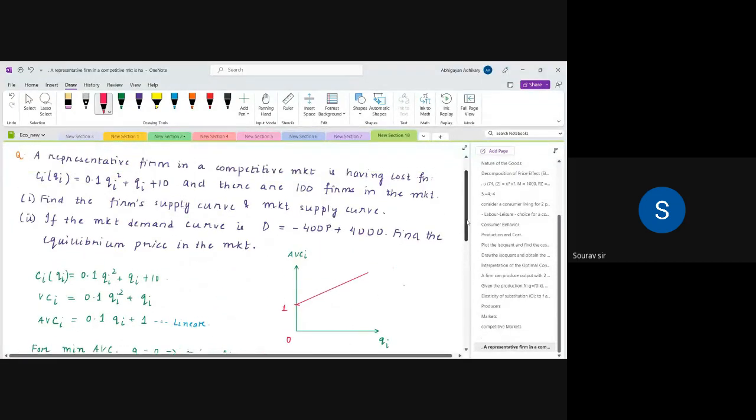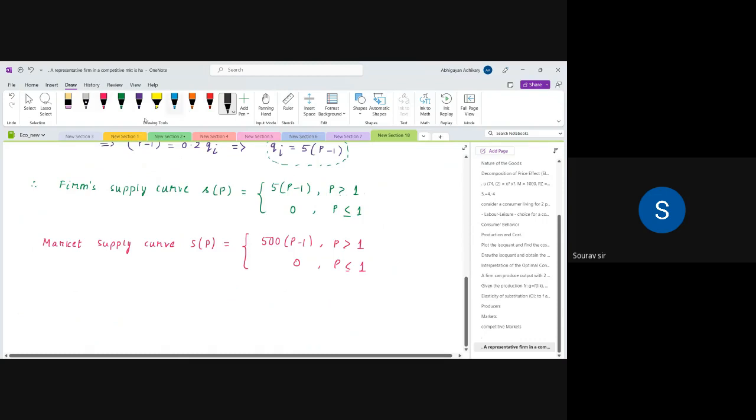The second part says that if the market demand curve is given by this expression, find the equilibrium price in the market. The demand expression is minus 400p plus 4000. At equilibrium, demand should equal supply.